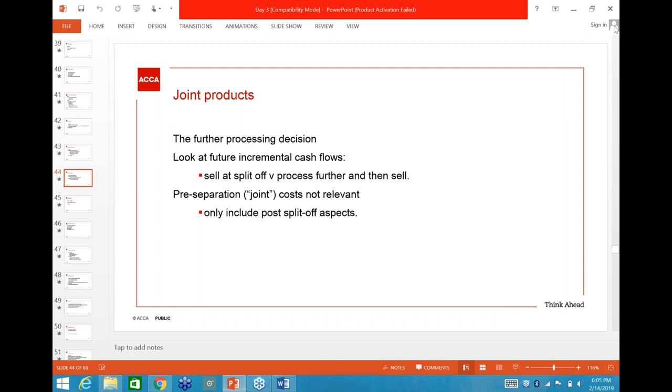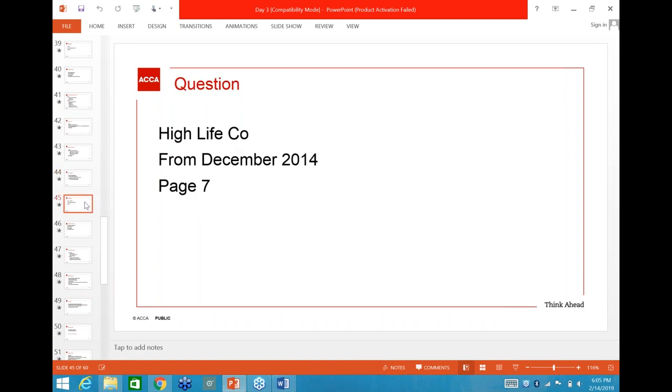We have the NRV method and the sales value method. I sort of prefer to call the two the same because they are based on the same principles. Or ideally, an easier approach, the quantity method. So on that note, we go to High Life Company, December 2014.